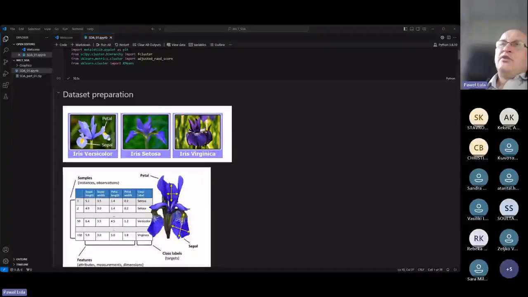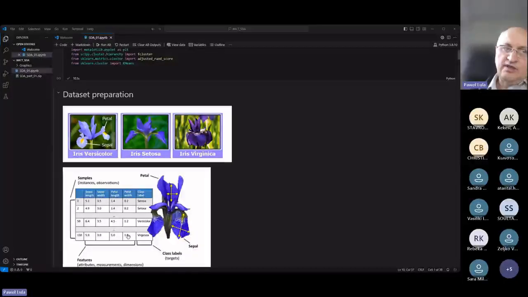So we have 50 objects describing iris versicolor flowers, 50 objects describing iris setosa flowers, and 50 objects describing iris virginica flowers. Together, we have 150 objects.